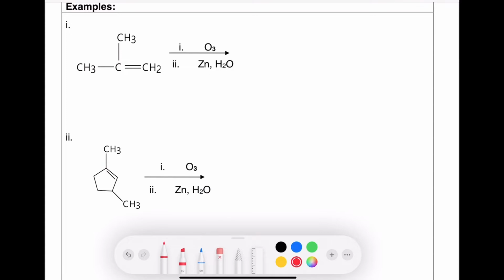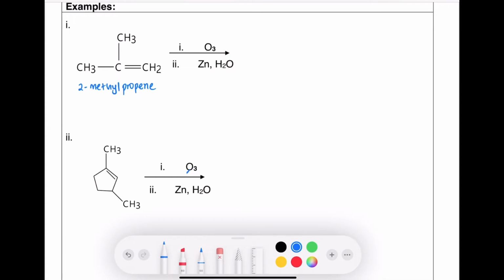So here we have our alkene, and if we name it, we are going to get 2-methylpropene. Now, what you have to do first is write it like this.